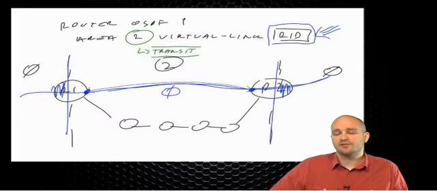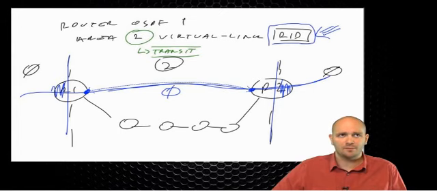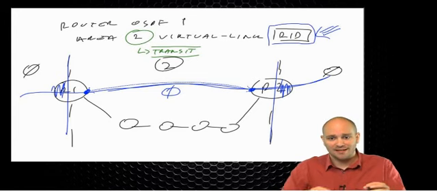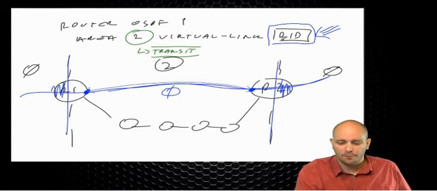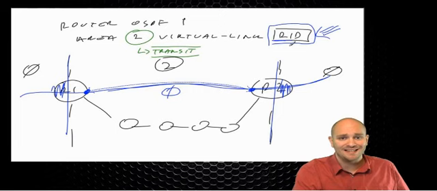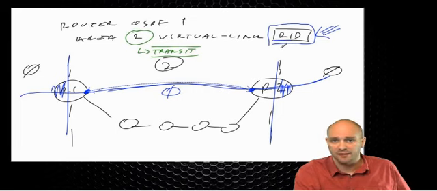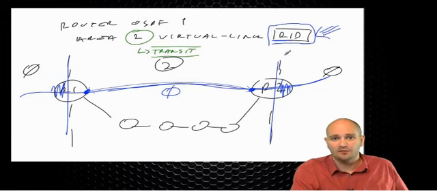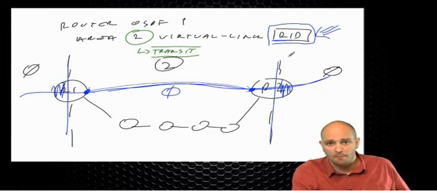One of the questions I received is, when creating a virtual link between loopback interfaces of two routers, does one of them need to be in area 0? I'm going to repeat this again. Virtual links are built between router IDs. They are not built between interfaces. So it doesn't matter in which area the interface that lent its address to the router ID resides.